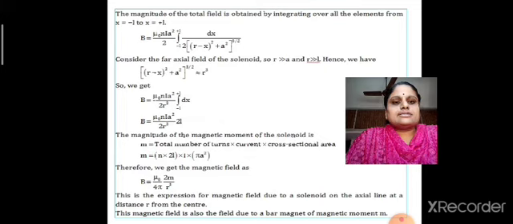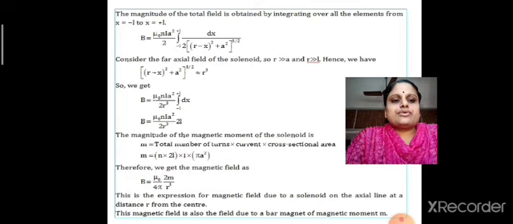I is the current, area is πa². Hence, in the above equation, multiplying and dividing it by π and rearranging the terms, we get B = μ0 by 4π into 2M divided by r³.